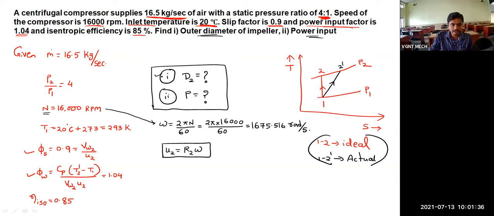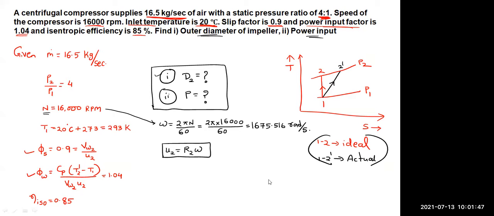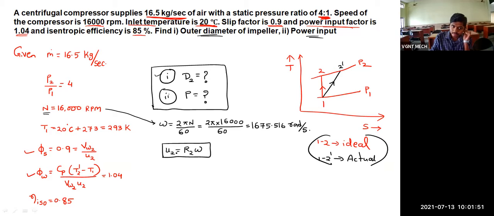We have to calculate the value of R2. So R2 and U2 we cannot calculate. R2 is not given in the question. Next, if we come to the input factor, here also VW2 and U2 we cannot calculate.